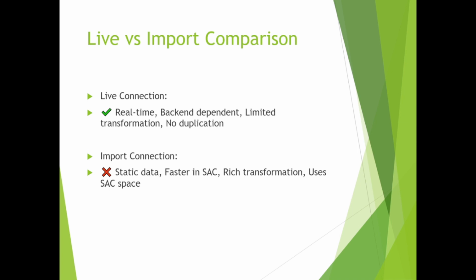No updating of data happens automatically; you have to make a schedule update, or update the data manually. But performance-wise, import connections are very rich and very fast, and they show data very rapidly, whereas the live connection has to communicate with the backend.